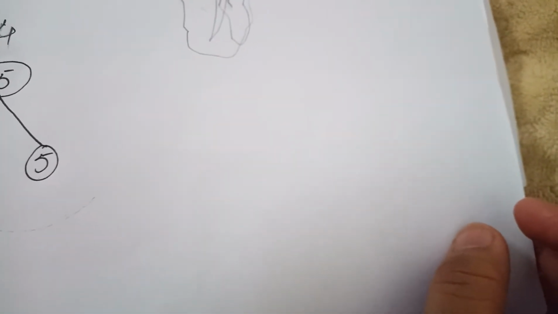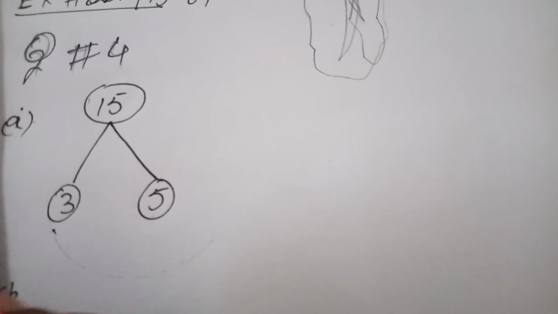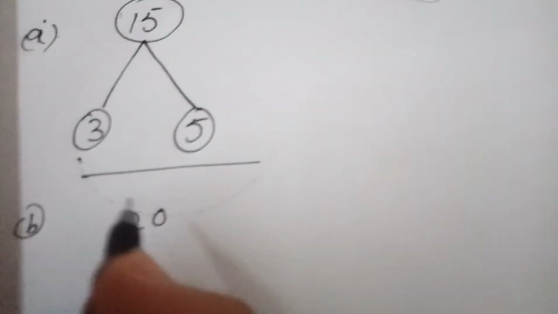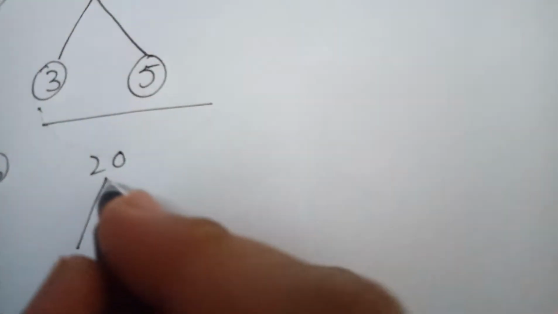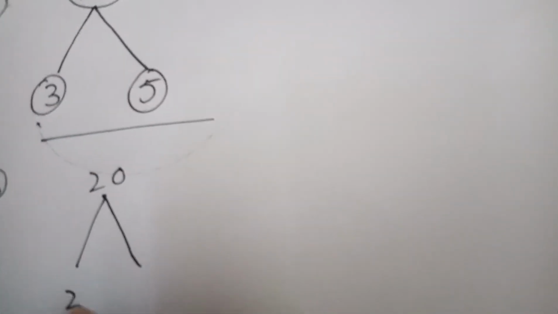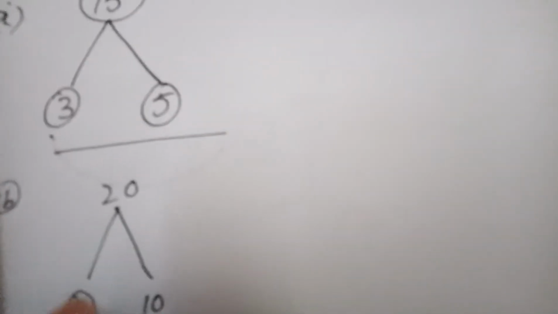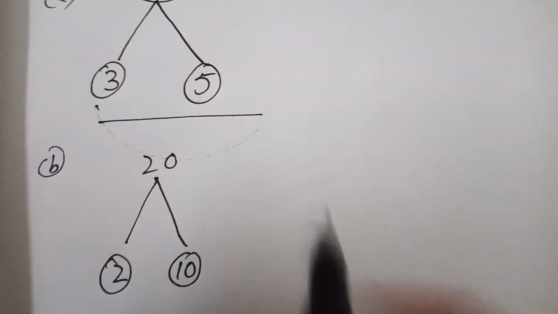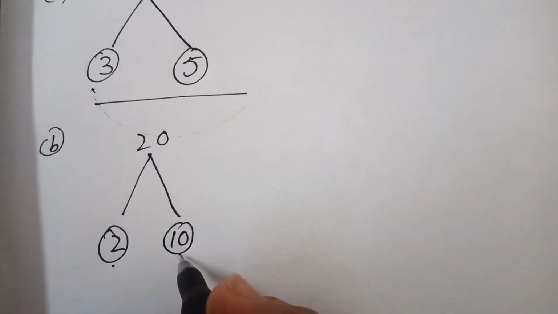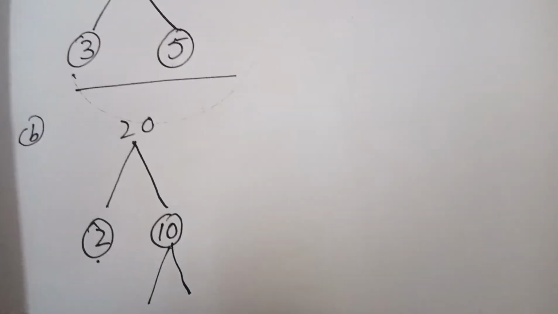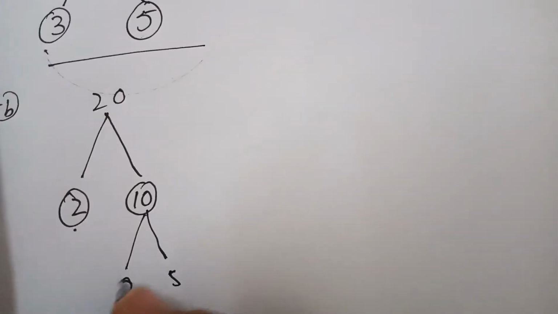Another example for you, that would be 20. Part B is 20. What are the factors of 20? 2 tens are 20. 2 cannot be further divided, but 10 can be further divided. 2 fives are 10.